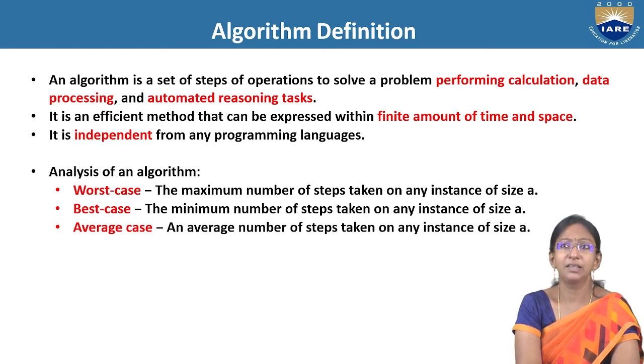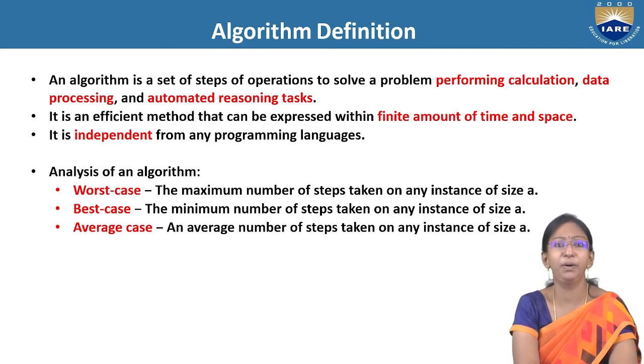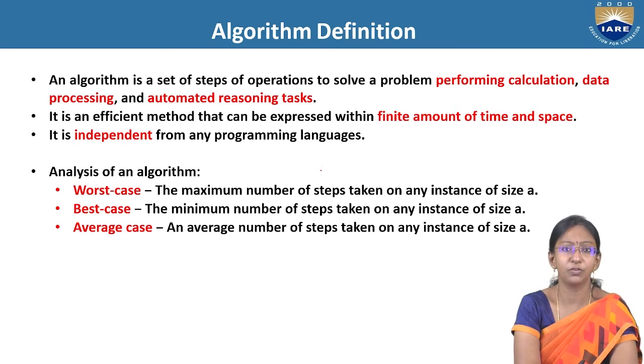It will tell us how to perform calculations, how data is processed, and how automated reasoning tasks are done. All these things will be embedded in an algorithm. It is an efficient method of expressing the solution, and it is independent of any programming language.